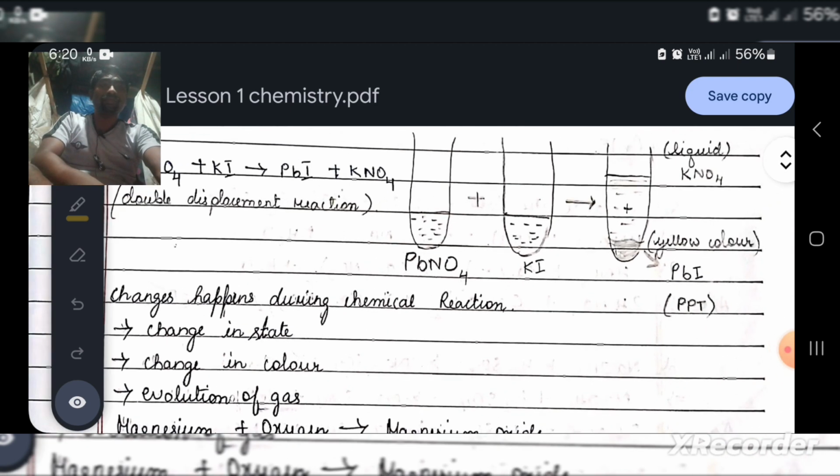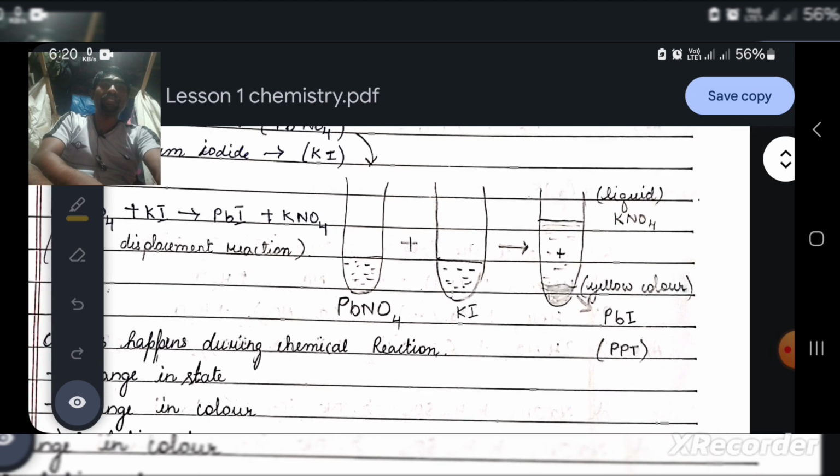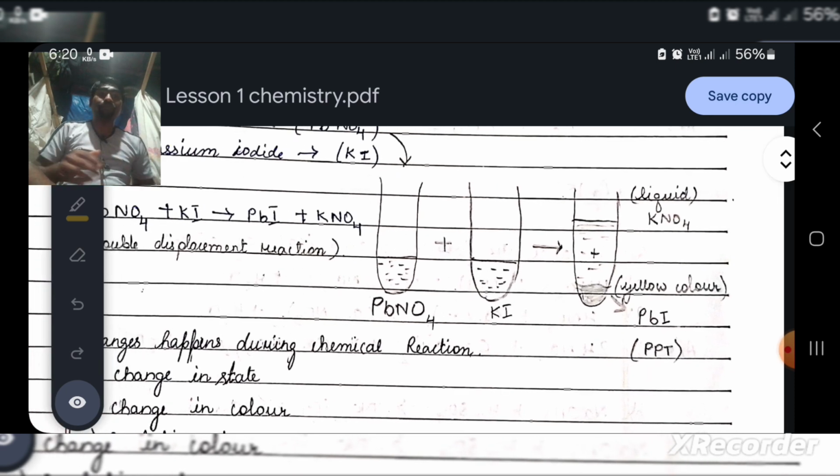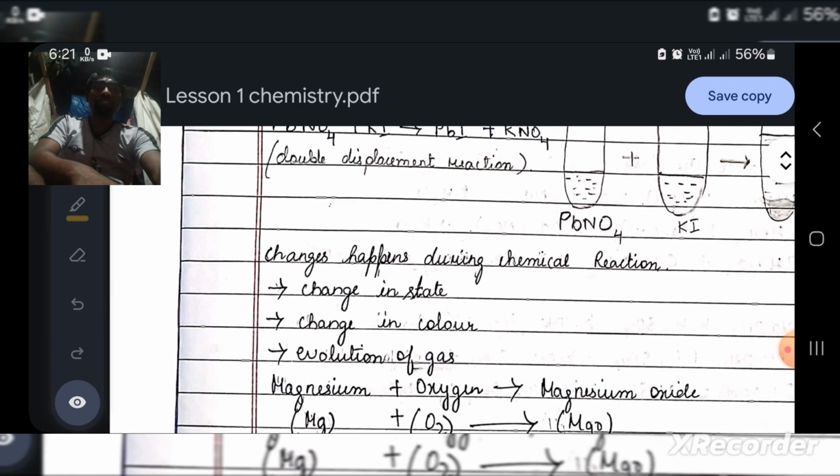As here we have looked in test tube A and test tube B, both were liquids. That is the state. In the product, test tube C, what happened? Half became liquid, and at the bottom it became solid. It has changed from liquid to solid state. That is the change in state.